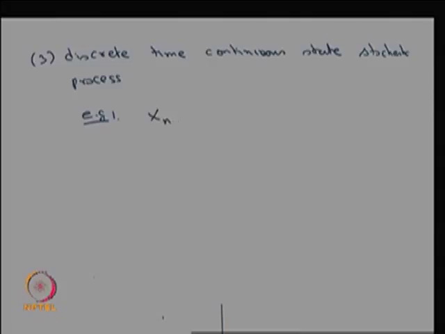X suffix n is a random variable that denotes the content of a dam or water reservoir observed at the nth time unit.